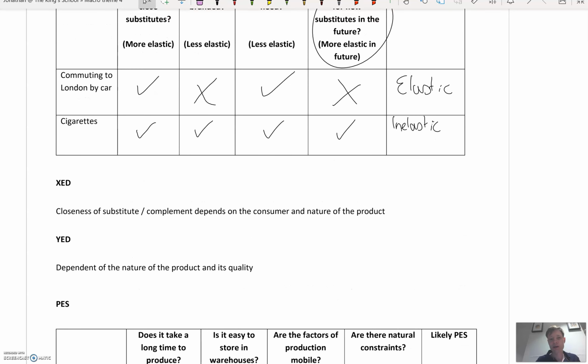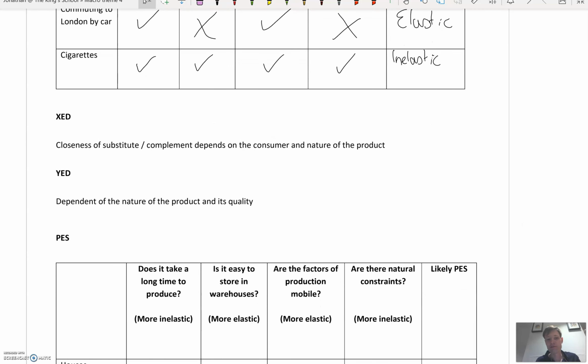If you are arguing about XED, you need to argue about the closeness of the substitute, and we've kind of already done that with AirPods and watches, with regard to complements. You might argue that AirPods are closer complements to the iPhone than the Apple Watch, but then that all depends on the consumer, and it might depend on different countries as well.